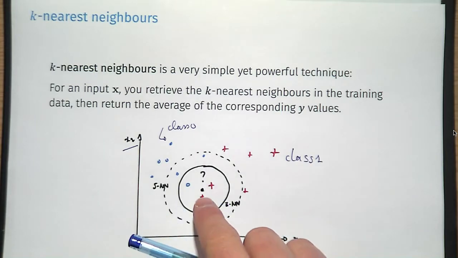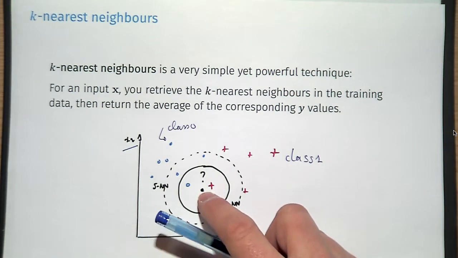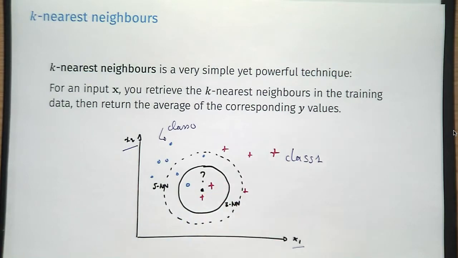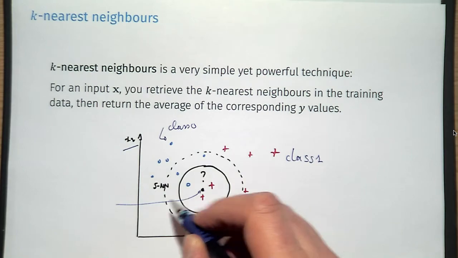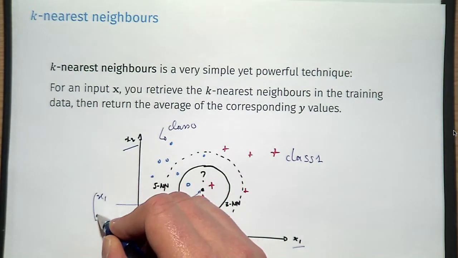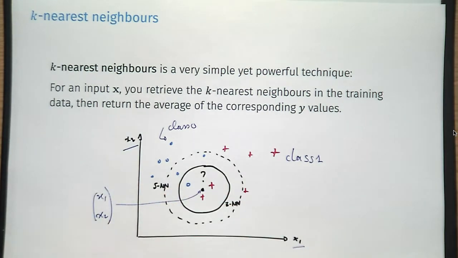In this case, we're looking at the distance between the feature vector of this point and these points, okay? So we're looking at really the Euclidean distance. So this would be a vector like this, x1, x2. And we'll be checking the Euclidean distance between this vector and all the other vectors we have in the data sets.